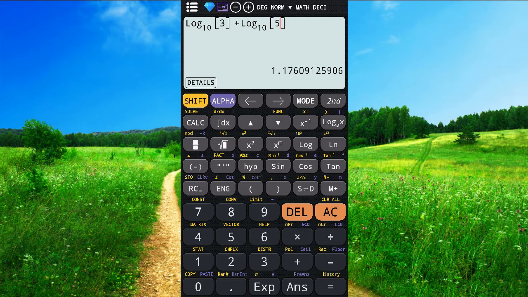Remember, the answer we had found for log to base 10 of 15 was 1.1761. And now again, we can clearly see that log to base 10 of 3 plus log to base 10 of 5 is 1.1761. So we have proven that log to base a of m times n is the same as log to base a of m plus log to base a of n.